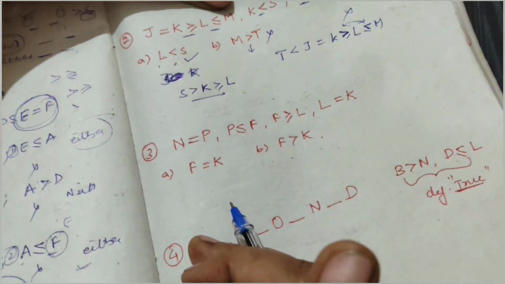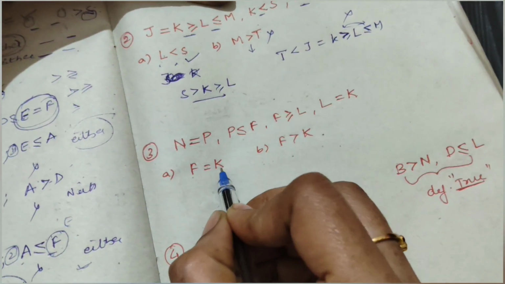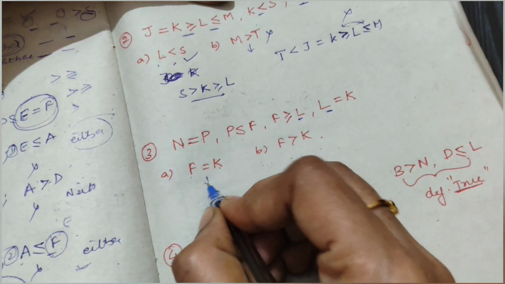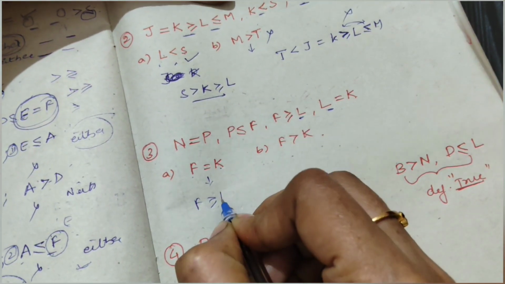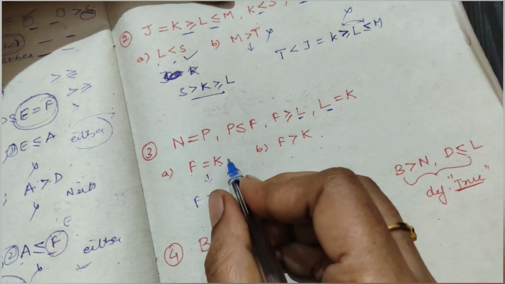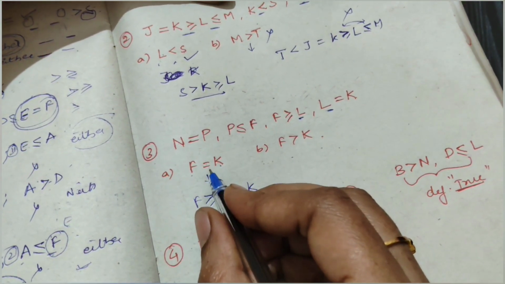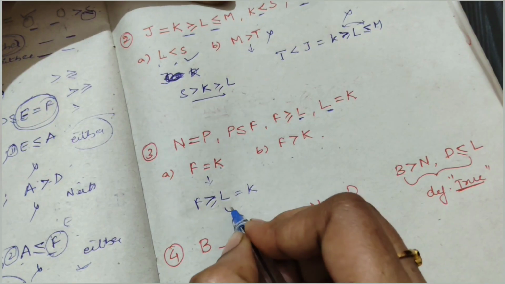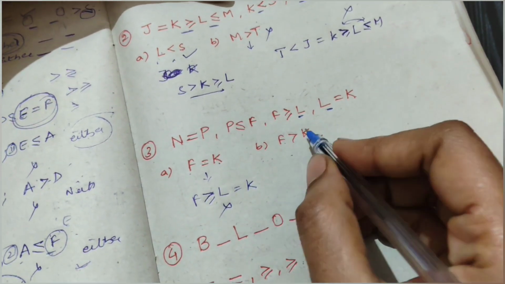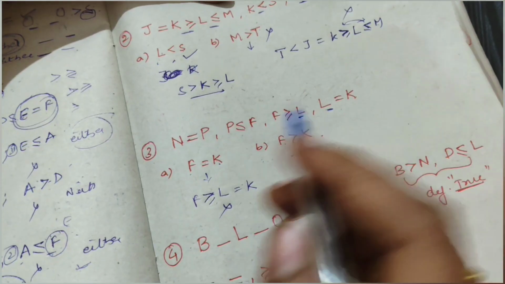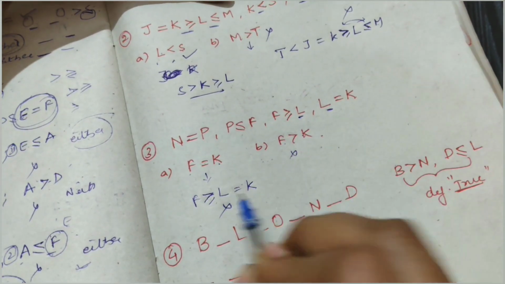Now we will see the third question, F equal to K. Here we will combine these two, F greater than or equal to L equal to K. Now F to K is wrong, because a greater than or equal to symbol should be there, but only an equal to symbol is there, so this is wrong. Now F to K is wrong, because here only a greater than symbol is there, the equal to symbol is not there, so this is also wrong.